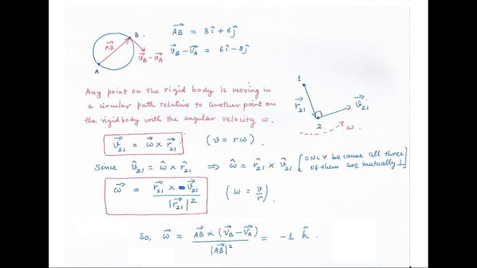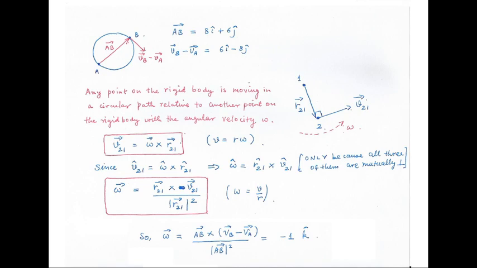All the points of the rigid body are in the same plane, they don't leave that plane. So it's a planar kind of motion and planar rotation. So using this relation, I simply get the omega in this particular case, because I know the Vb minus Va, which is a relative velocity. I know the AB vector, and because I had two choices for AB, I also get two answers for omega.